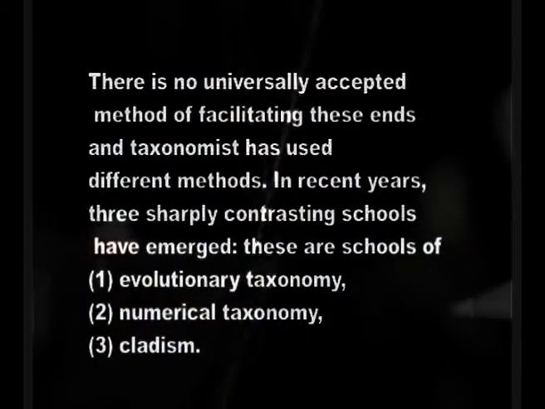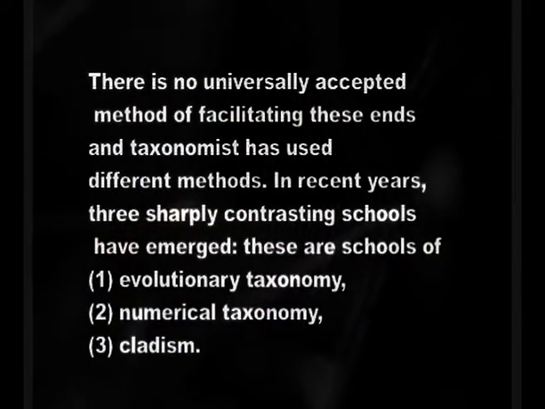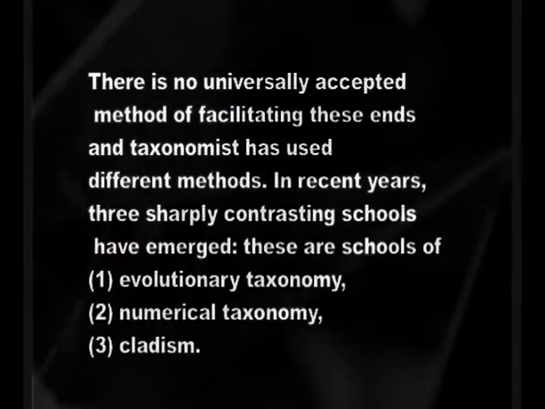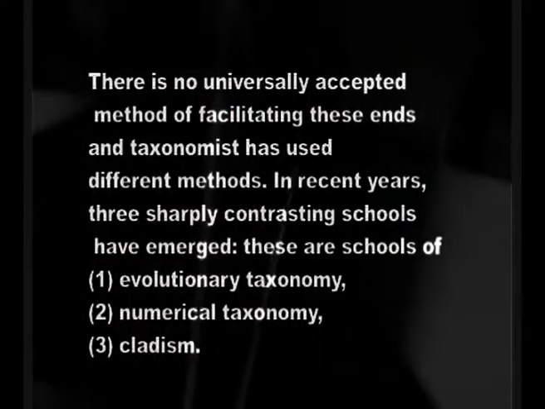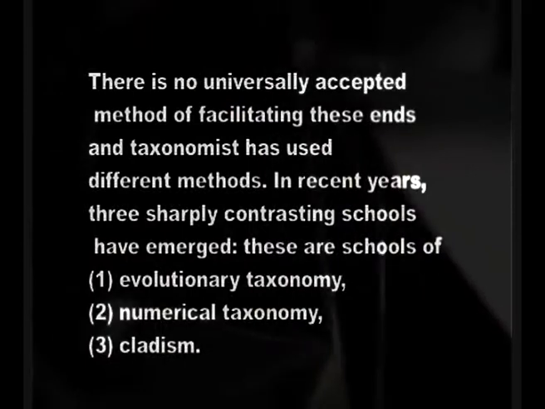But in assessing similarities, how does one decide which characters are important? How should they be chosen to minimize subjectivity and produce natural groups? There is no universally accepted method of facilitating these ends, and taxonomists have used different methods.